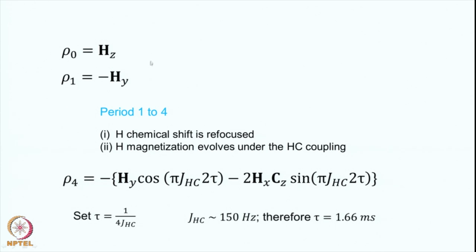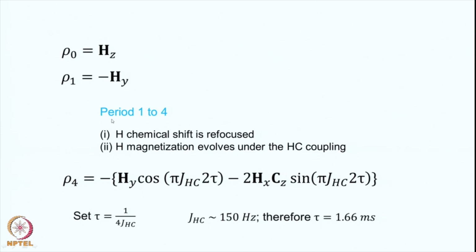So, the carbon magnetization which is along the z axis is unaffected. Therefore we do not even write the carbon magnetization here, we will only write the proton magnetization Hz, and the pulse is applied only on the proton channel, and therefore we get a rho 1 which is minus Hy.